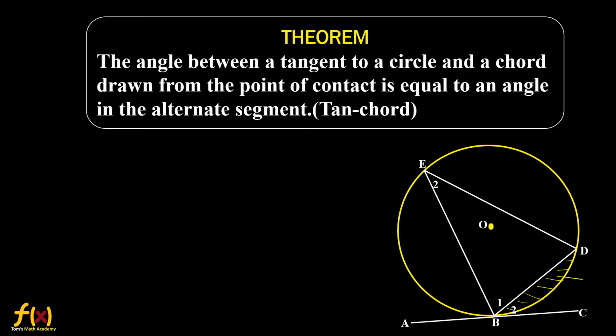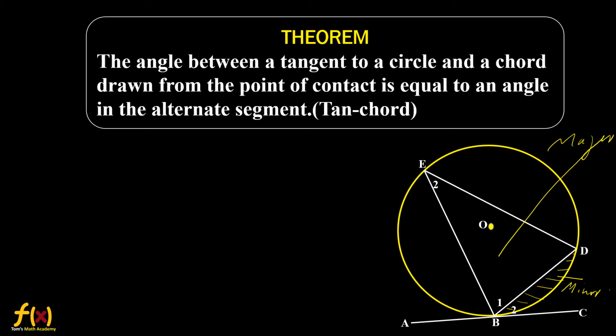Minor segment, and the other part on the other side of the chord is the major segment. So that is also called the alternate segment.